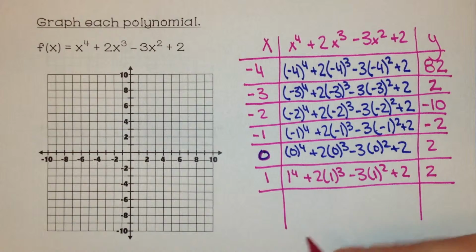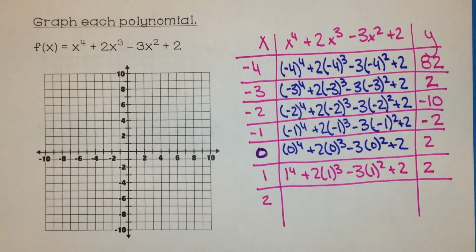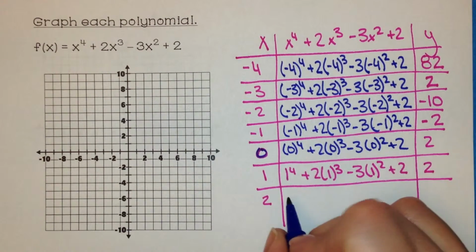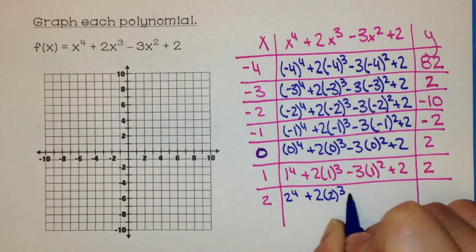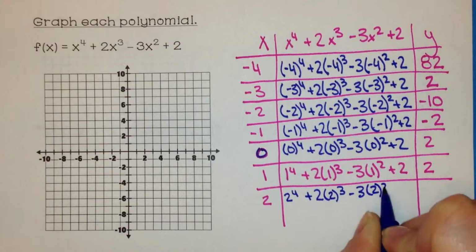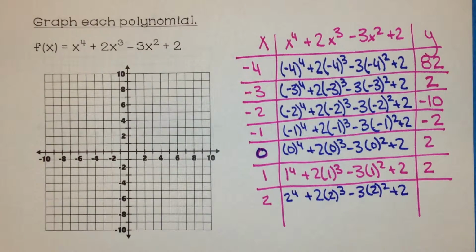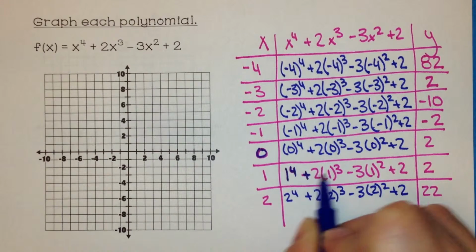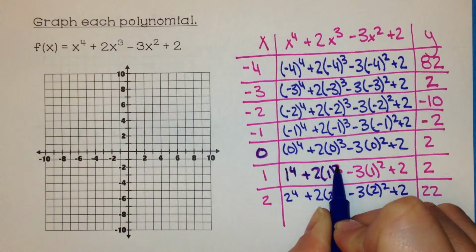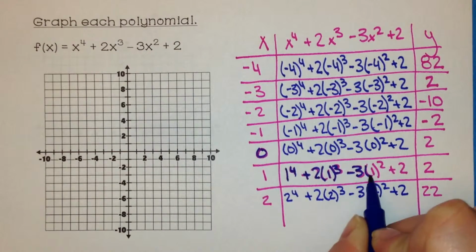So now I'm going to plug in 2. I get 2 to the 4th plus 2 times 2 cubed minus 3 times 2 squared plus 2 gives me 22. So I know that that one goes way off my graph. So I know that I don't have to keep on plugging in any larger x values.